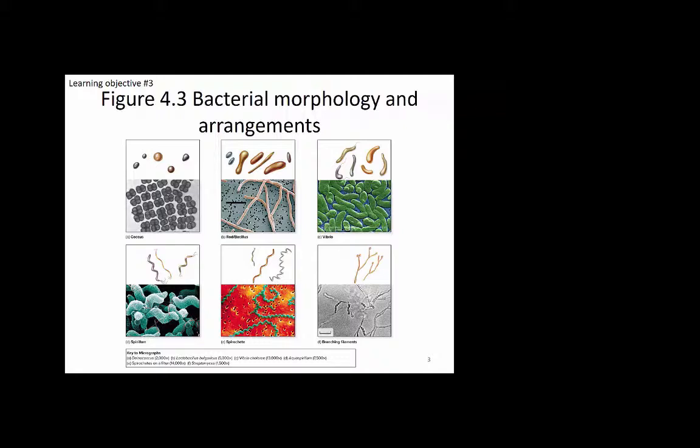Bacteria that have the morphology of a branching filament grow in a similar pattern to fungi in that they resemble branches on a tree. So shown in Part F of this figure, the drawing is two separate branching filament bacteria cells. So as I said, all bacteria have a morphology, be it coccus, bacillus, vibrio, spirillum, spirochete, or branching filament.